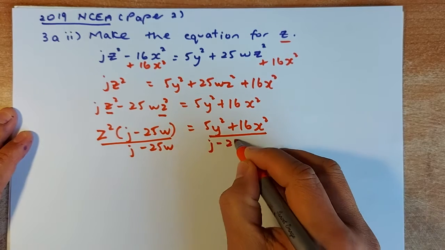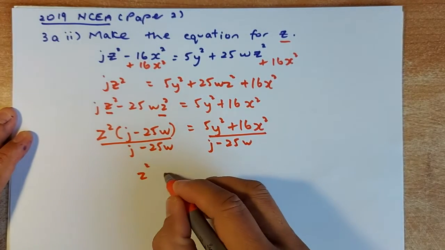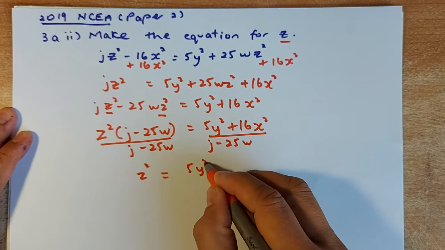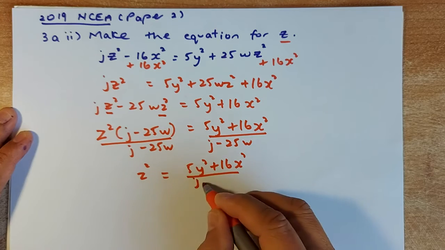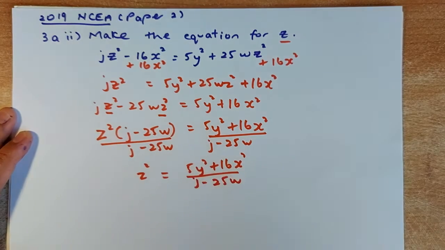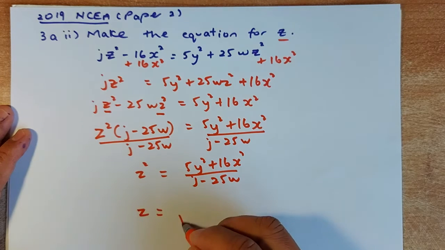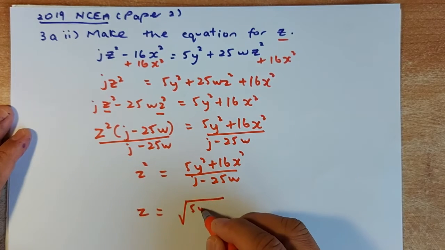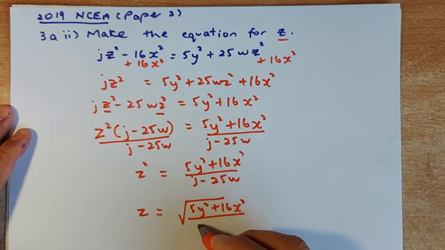So your equation is left with z squared equals 5y squared plus 16x squared over j minus 25w. And because it's a square, the reverse of a square is the square root of 5y squared plus 16x squared divided by j minus 25w.